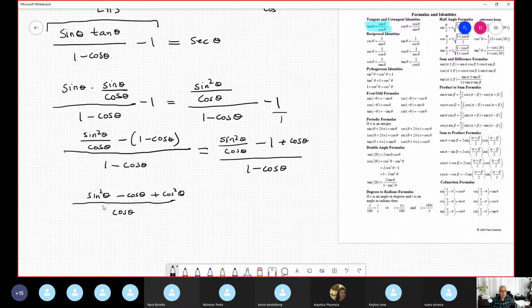Make sense? Don't forget this part is the denominator, the original denominator, no? So the only thing I did was somehow condensing this part in only one common denominator, que es cosine. Make sense?